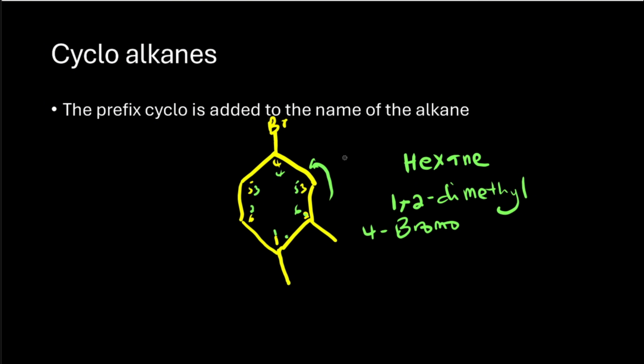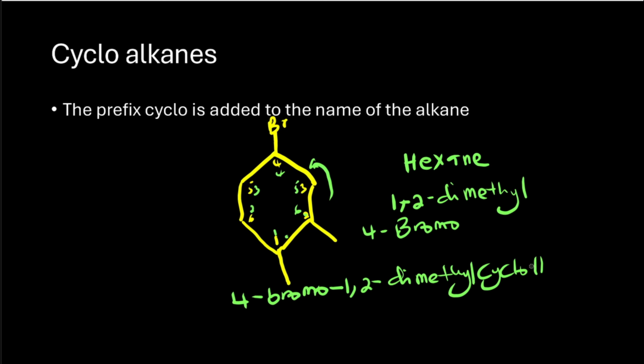And then we assemble these names alphabetically, and so in alphabetical order, we have 4-bromo-1,2-dimethylcyclohexane, indicating the cyclo here, indicating our hexane is a cyclic alkane.